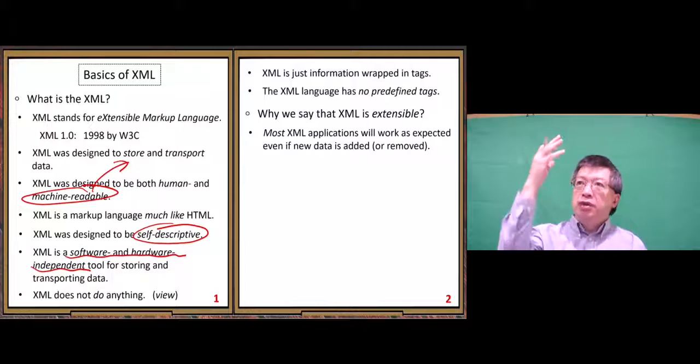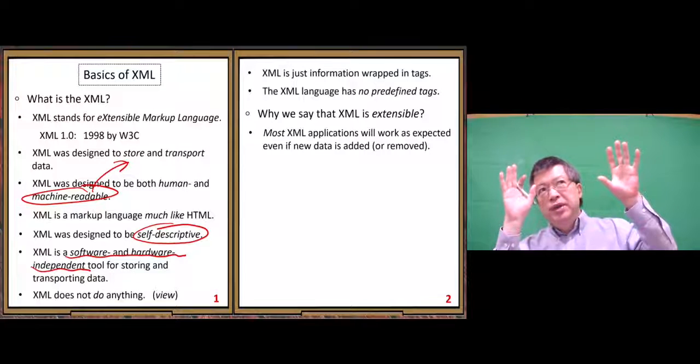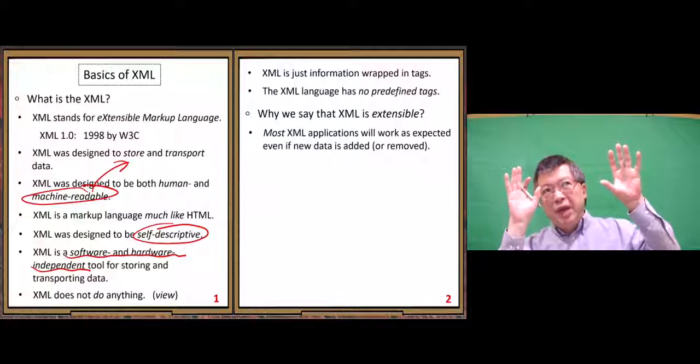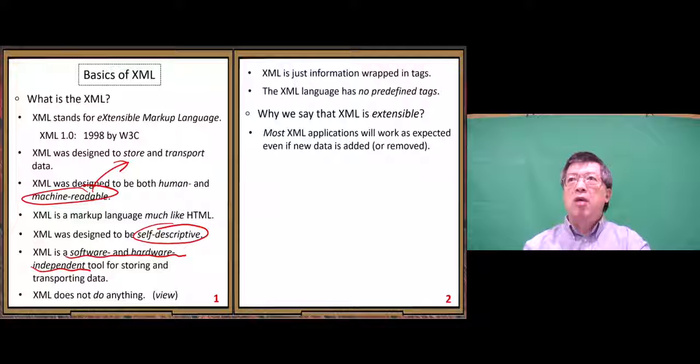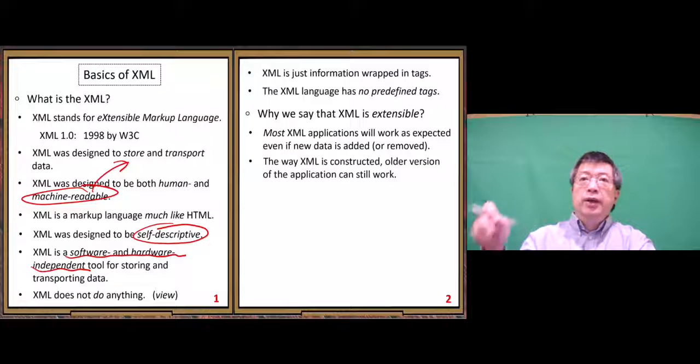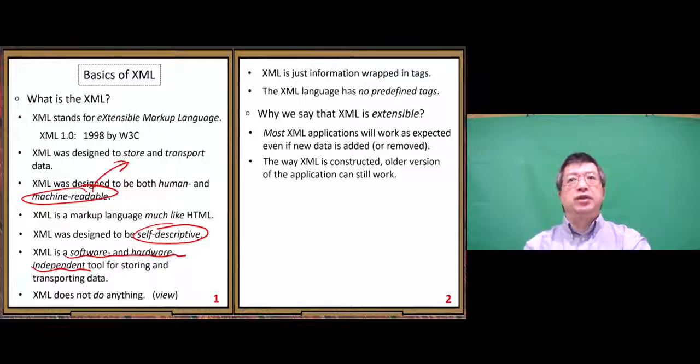The design goal of this technology is to make sure that backward compatibility is not an issue. I will explain this part later. Now, the way XML is constructed, older versions of the application can still work.